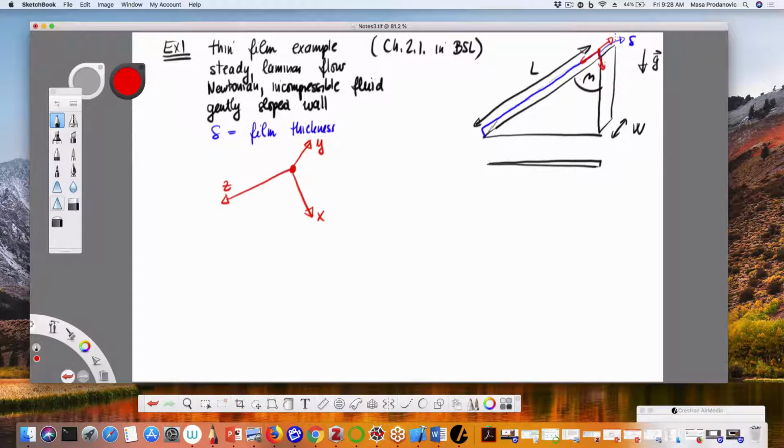Now, what is this shell that I'm talking about? I'm now here within the fluid, it's just that there's no space here to draw. My shell is something like this. I'm imagining a little shell of fluid inside this film. That shell goes from z to z plus delta z, and from x to x plus delta x.